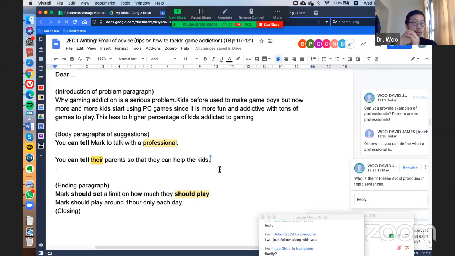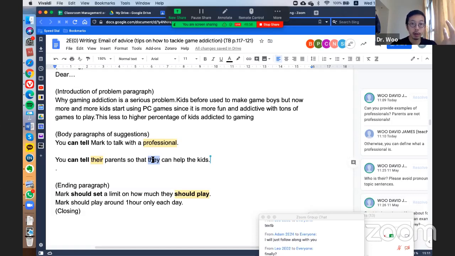There's Dr. Q, and you are Dr. Q. There's Mark, and then there's Seriously Annoyed Boy. So we're talking about Mark, and Mark has a problem. You can tell Mark's parents so that Mark's parents can help Mark. So that's something you need to be aware of, that your referencing is wrong. Be careful about all your pronouns.